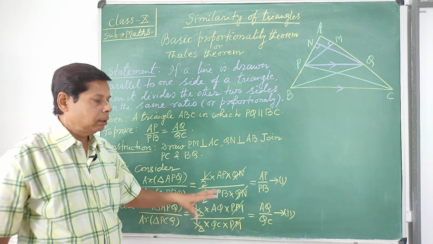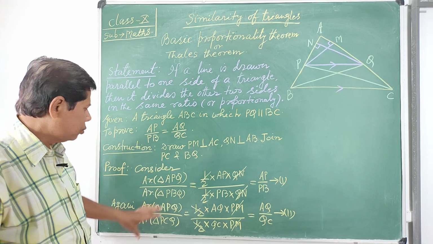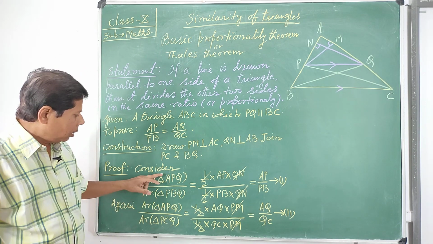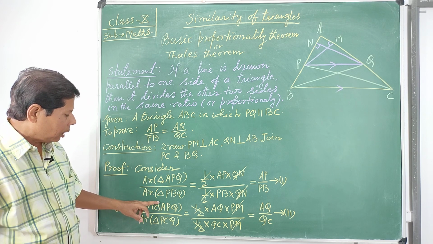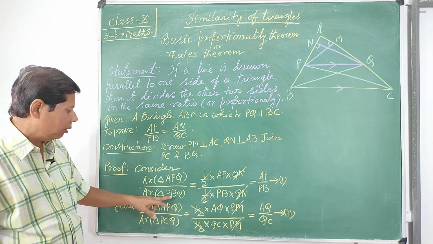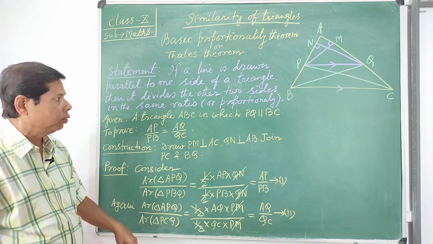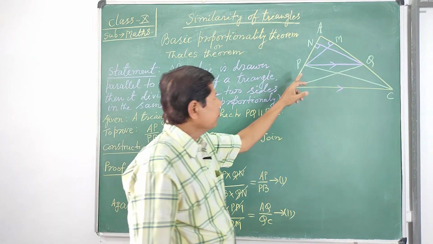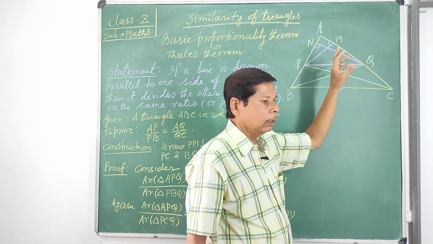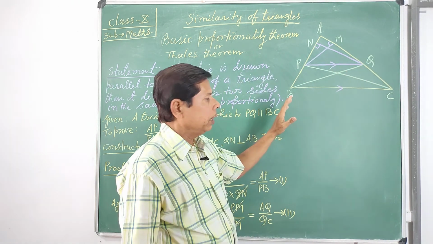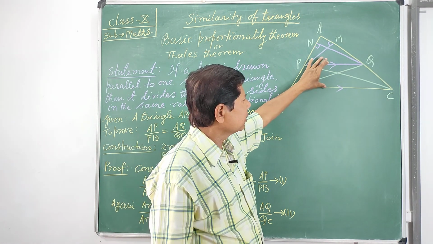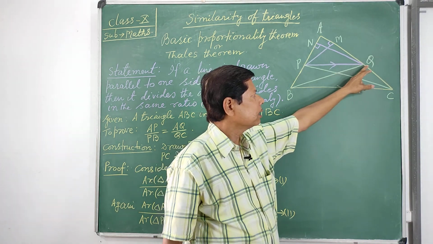Now see these two equations 1 and 2. On the left hand side, the numerators are the same triangle, and the denominators are the area of triangle PBQ and the area of triangle PCQ. Now see the figures: triangle PBQ and triangle PCQ are equal in area because both of them are lying between the same parallels with the same base PQ.